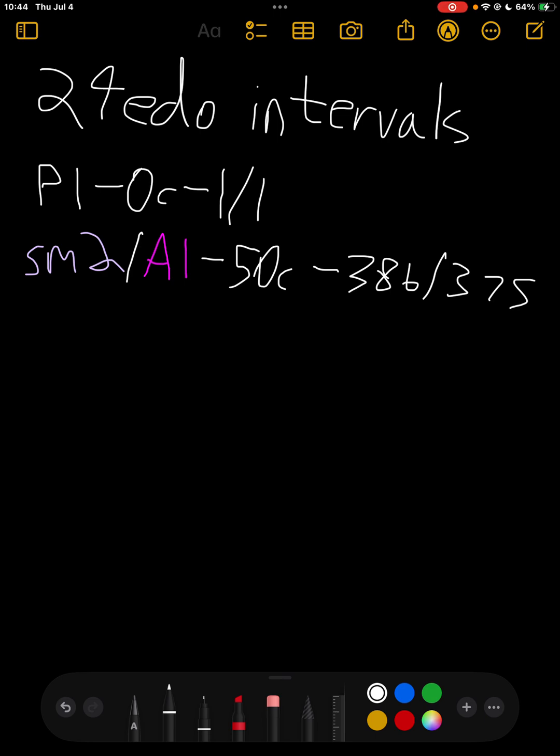The next interval, I'm just going to use a regular blue for this, will be the minor second. You already know this one, probably from 12 EDO. 100 cents. And approximate ratios: I'll give two approximate ratios that come very close. 18 to 17.